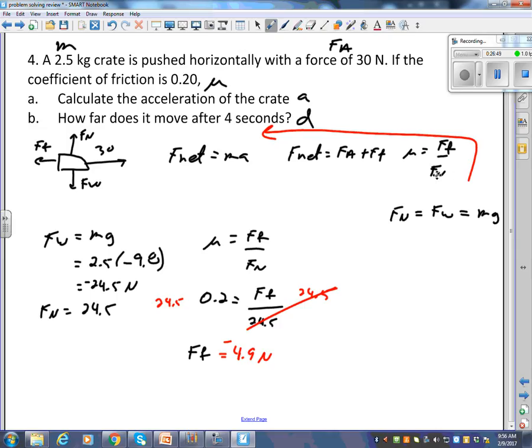Following the roadmap tells me to do this next. F net equals Fa plus Ff. Applied force is 30 minus 4.9. 25.1, right?